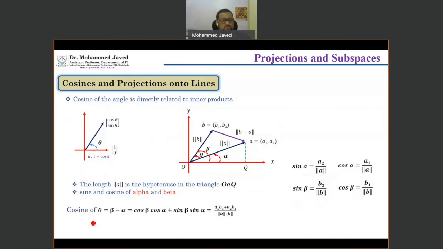Now, what is the cosine of theta? Theta is beta minus alpha, which I have already told you. So now apply cos on both sides.